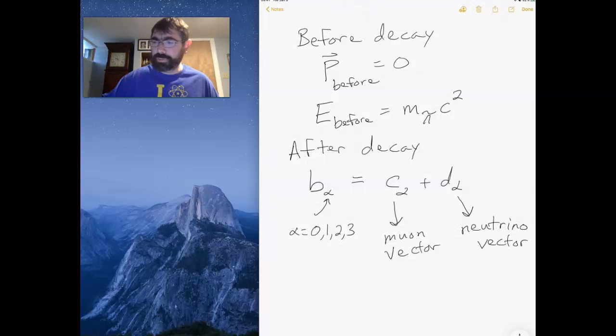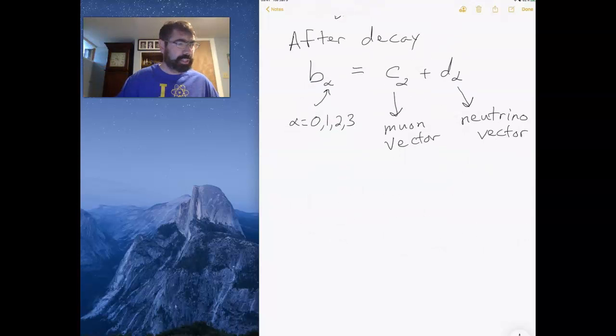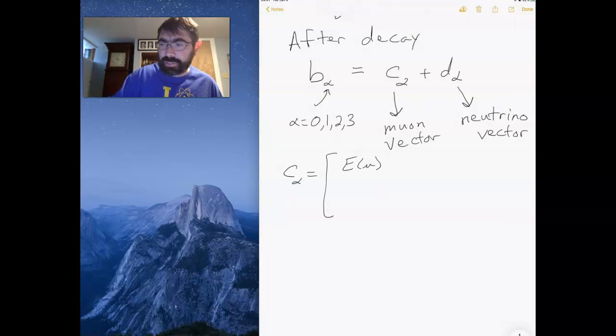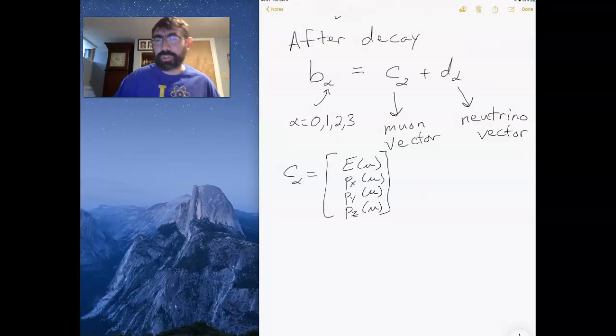Okay, and so if I write this out, then c sub alpha is the energy of the muon, and then px of the muon, py of the muon, pz of the muon. I'm trying to keep this notation straight, so I'm putting the particle's label inside the parentheses.